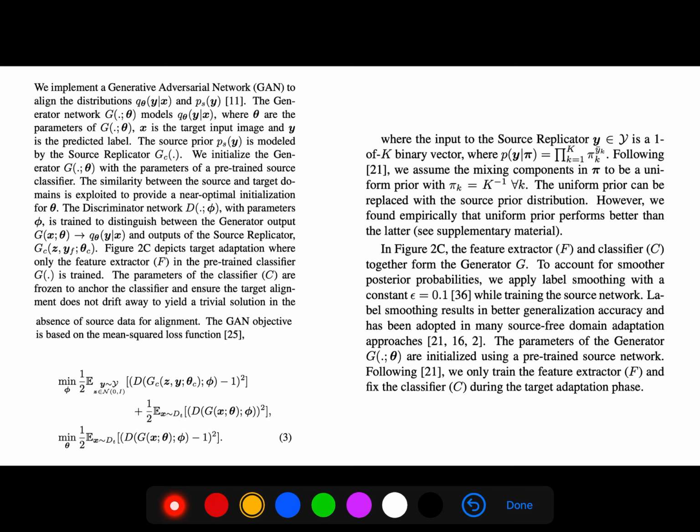The source prior P sub S of Y is modeled by the source replicator G sub C. We initialize the generator with the parameters of the pre-trained source classifier. The similarity between the source and target domains is exploited to provide near optimal initialization. And then we have this discriminator D, with parameters phi, trained to distinguish between the generator outputs and outputs of the source replicator.